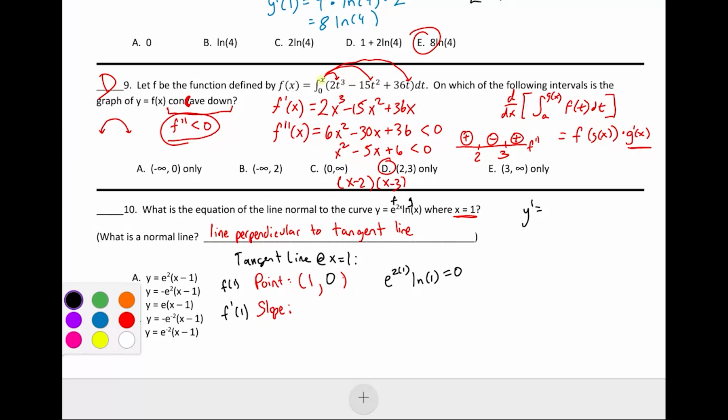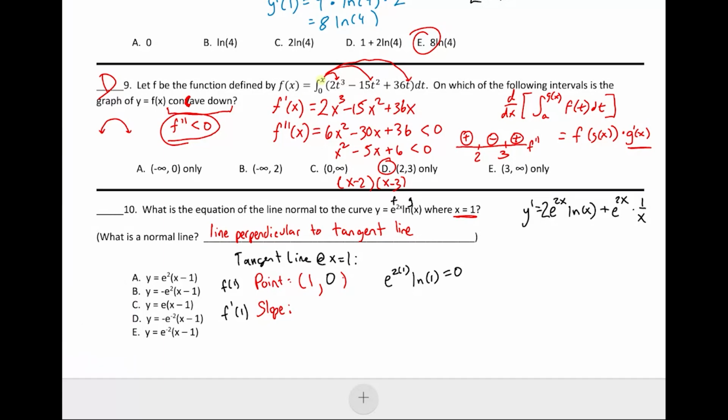So the derivative of e to the 2x is e to the 2x times 2, times the natural log of x, that's my g, plus f, which is e to the 2x, times the derivative of g. And we know the derivative of natural log, of course, is 1 over x. Okay, so that's y prime.